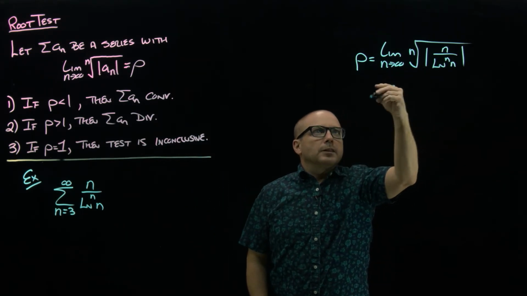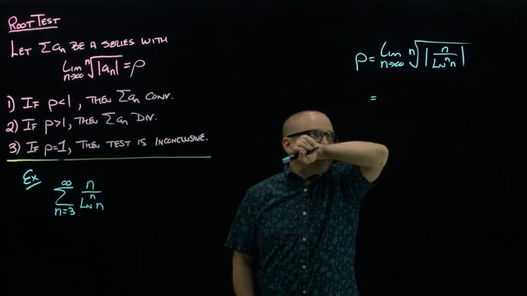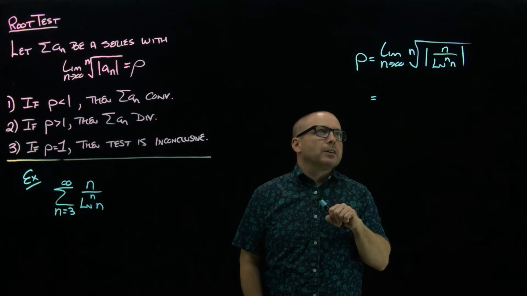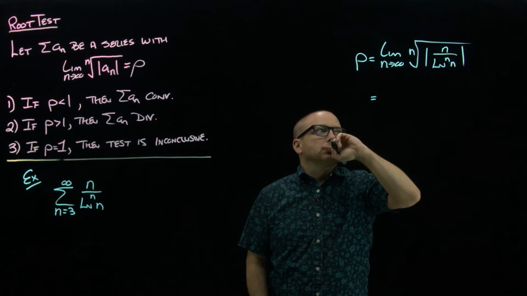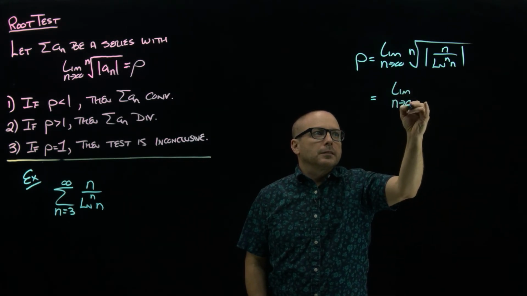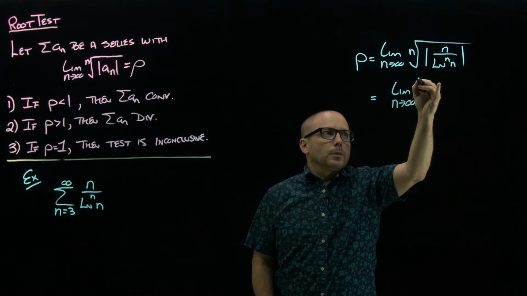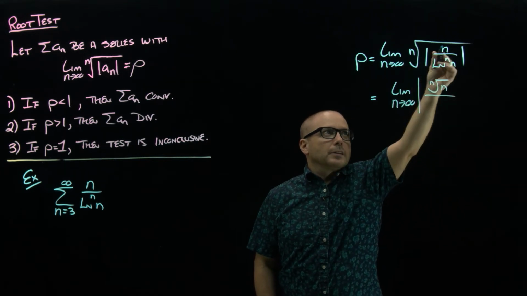So what do we have? When you take the nth root of natural log to the n, that's just going to be the absolute value of natural log. So let's simplify this a little bit. So we're going to have the nth root of n when we take that root at the top.